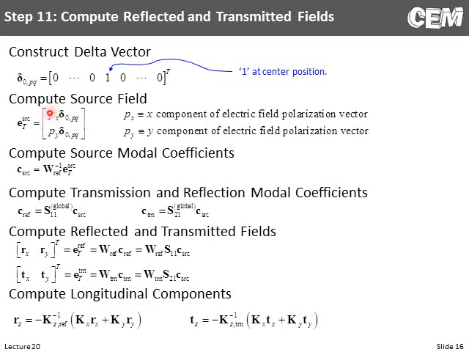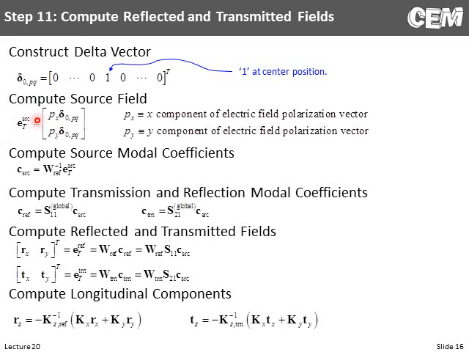It's the x component of the polarization vector times this delta column vector. And then for the second component, it's the py component, the y component of the polarization vector times this delta vector again. So what we have is a column vector of 2 column vectors here now. The px and py are 2 scalar numbers. These deltas are column vectors.